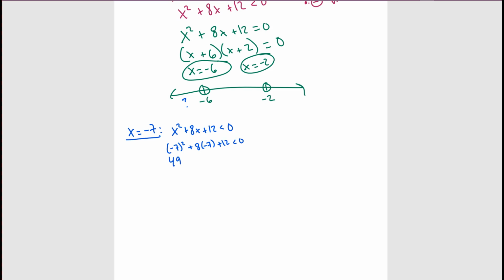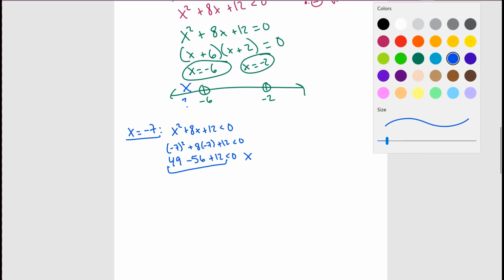I'm going to get a positive 49 minus 56 plus 12 less than 0. This actually is not going to be less than 0. So there is nothing there. Everything there is not correct, because this is a contradiction. If you put this in the calculator, this is a positive number. A positive number is not less than 0.